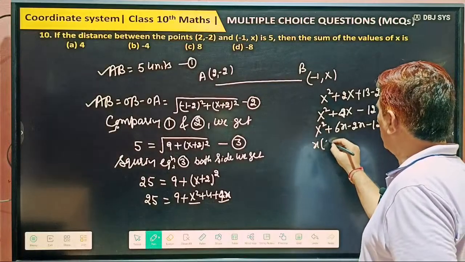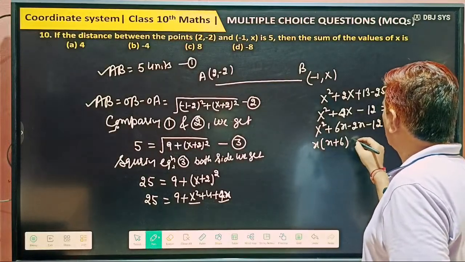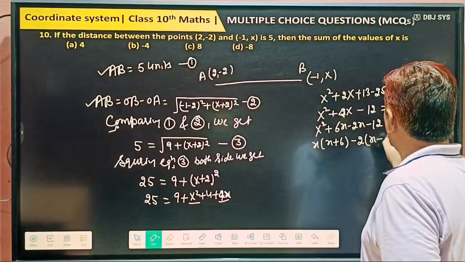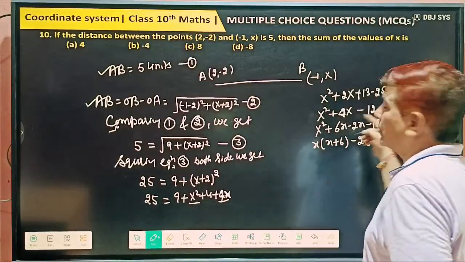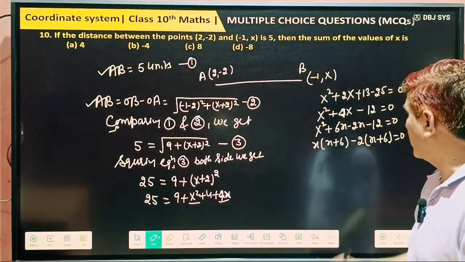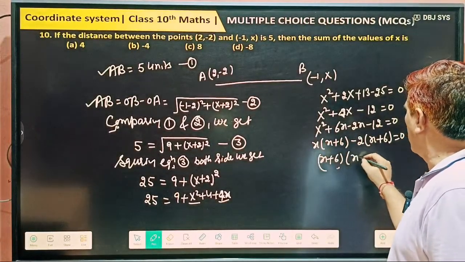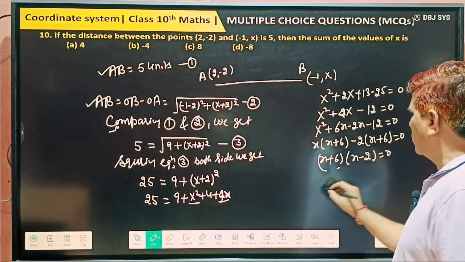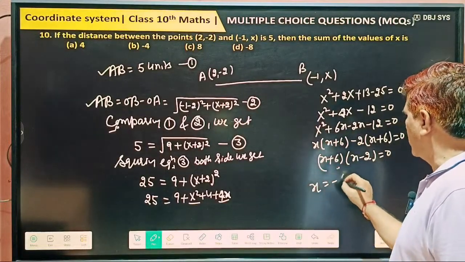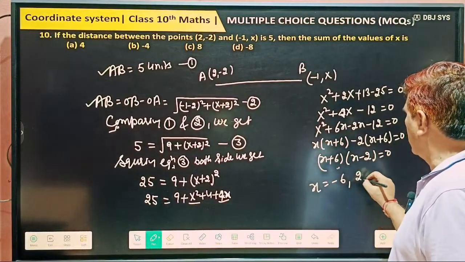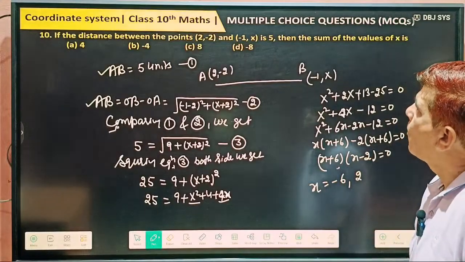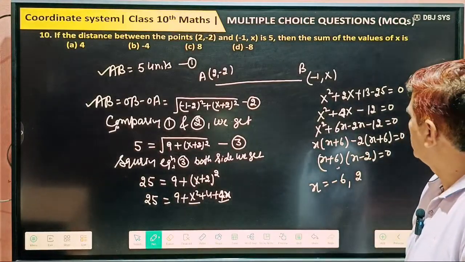Taking x common, x plus 6, and taking minus 2 common, x plus 6. By splitting the middle term using the quadratic equation, x plus 6 is common. So x minus 2 equal to 0. So what are the values of x? x equal to -6 or x equal to 2.